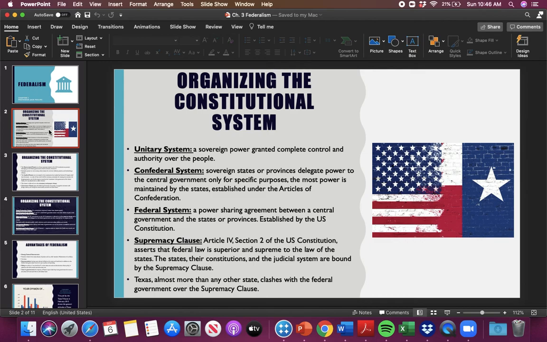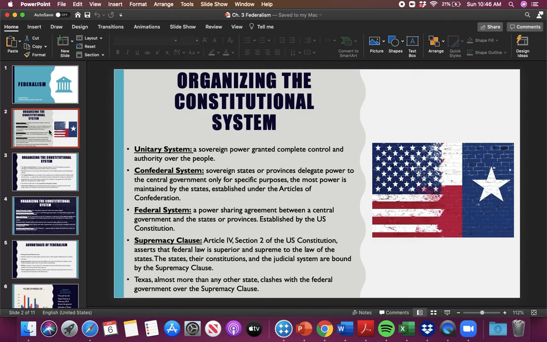Now, the federal system is not something that really existed prior to the United States drafting its Constitution. We essentially created a whole new form of government, and that is the federal system. This is where power is shared between the federal government and the states.